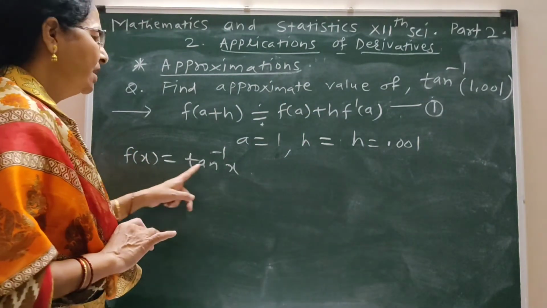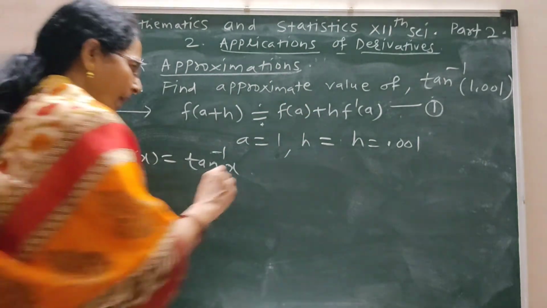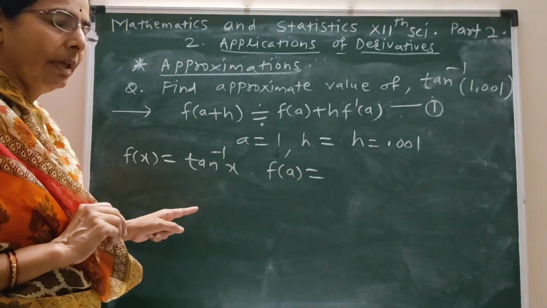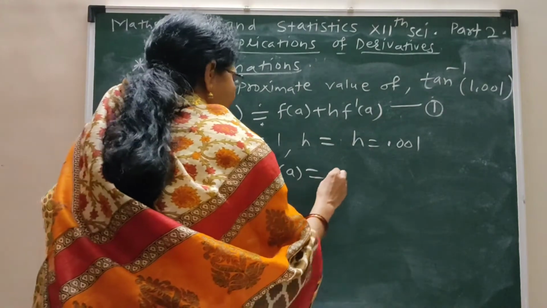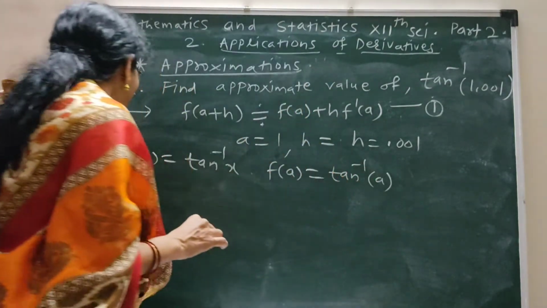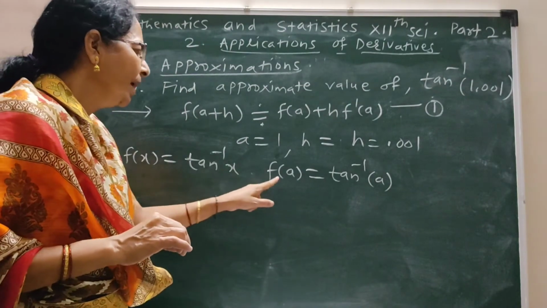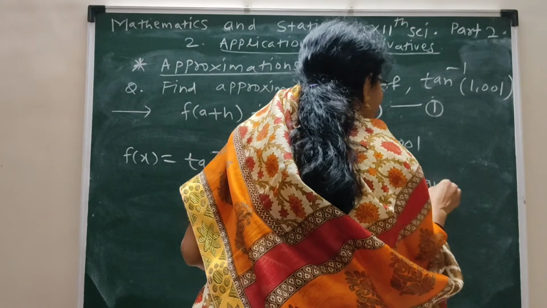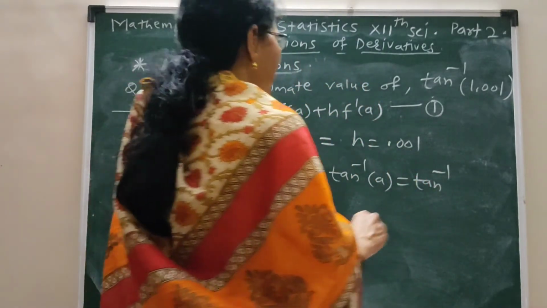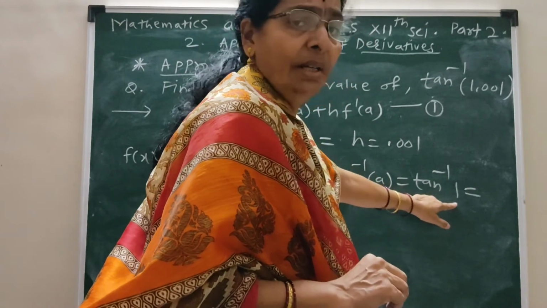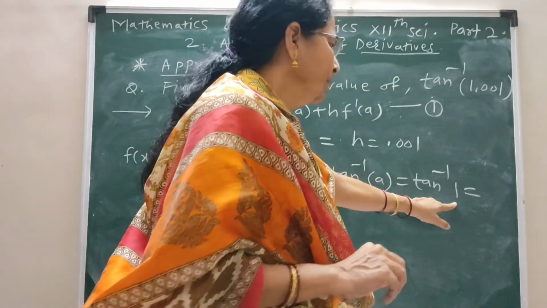Then f of a is tan inverse a, and tan inverse 1 is pi by 4, since tan of pi by 4 is 1.